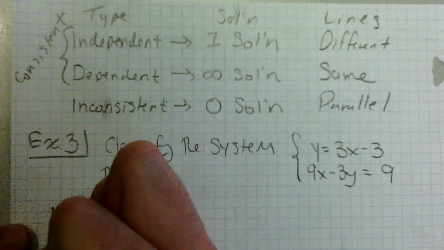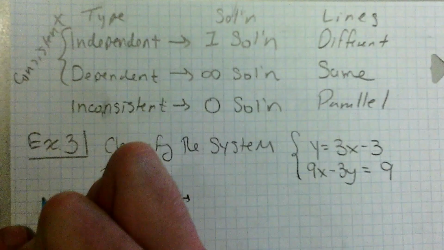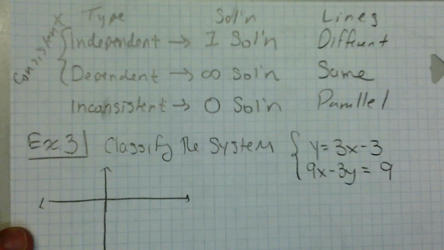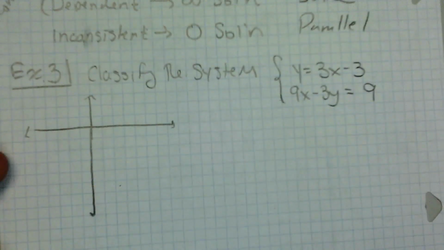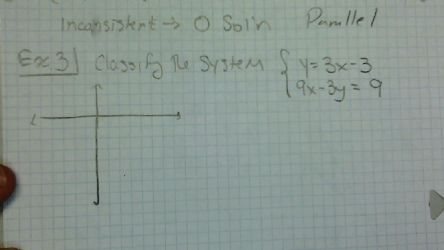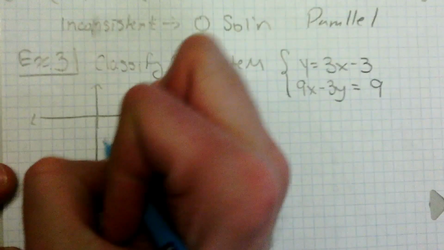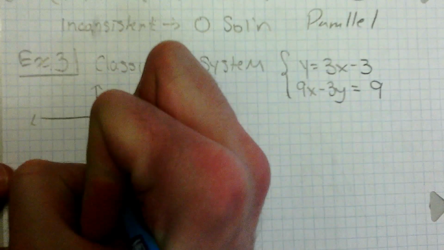What is the y-intercept of y equals 2x minus 3? Yeah, go ahead. 1, 2, 3. So I'm going up 3 over 1. Up 3 over 1. I could even go down 3.